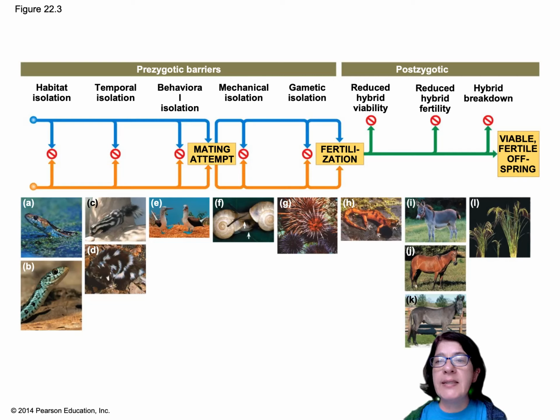Then there is reduced hybrid fertility. If that hybrid offspring is quite viable and robust, it can survive for a very long time, but it is often infertile, so it cannot reproduce on its own. And finally, a concept observed in crops is hybrid breakdown. The hybrid offspring will break down.